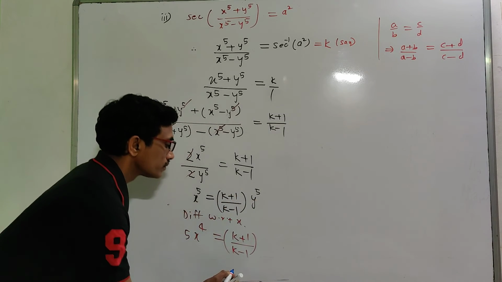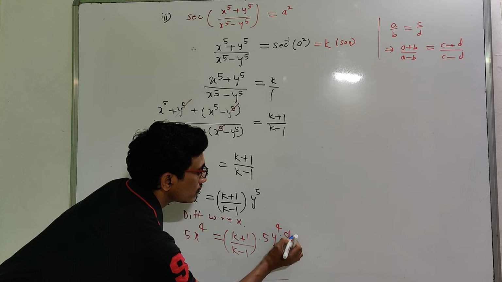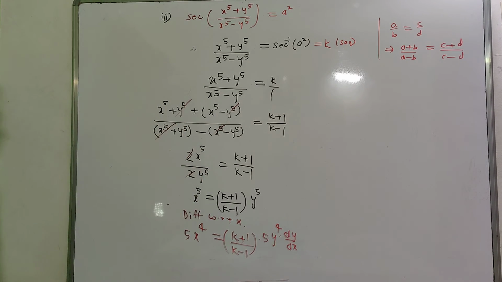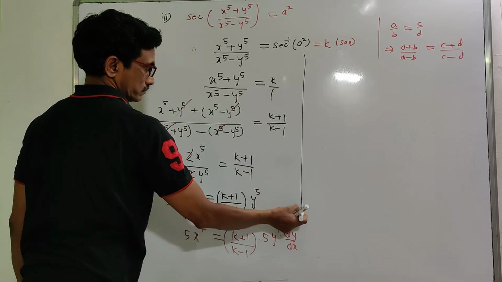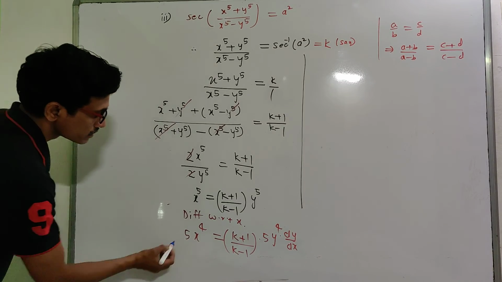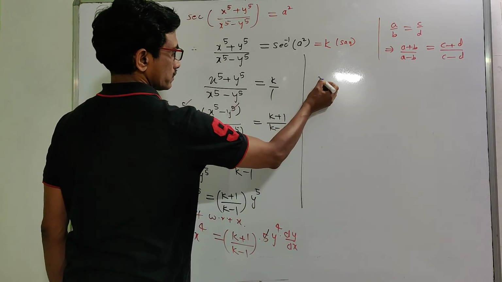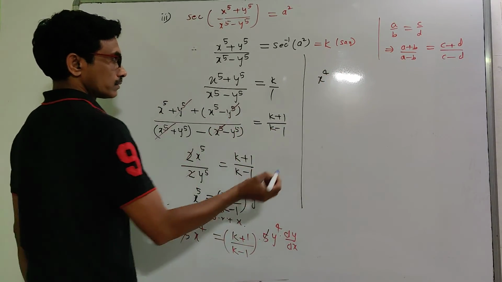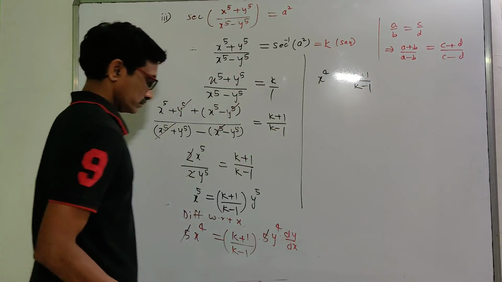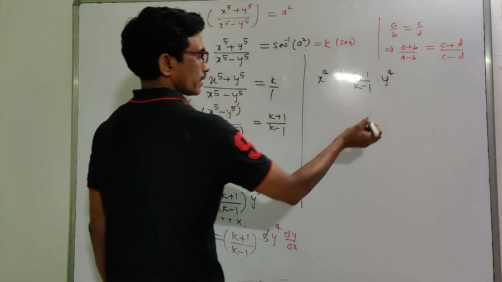The derivative of this will be 5y^4 dy/dx. Now this 5 is getting cancelled. So what is left here? x^4 = ((k + 1)/(k - 1)) y^4 dy/dx.